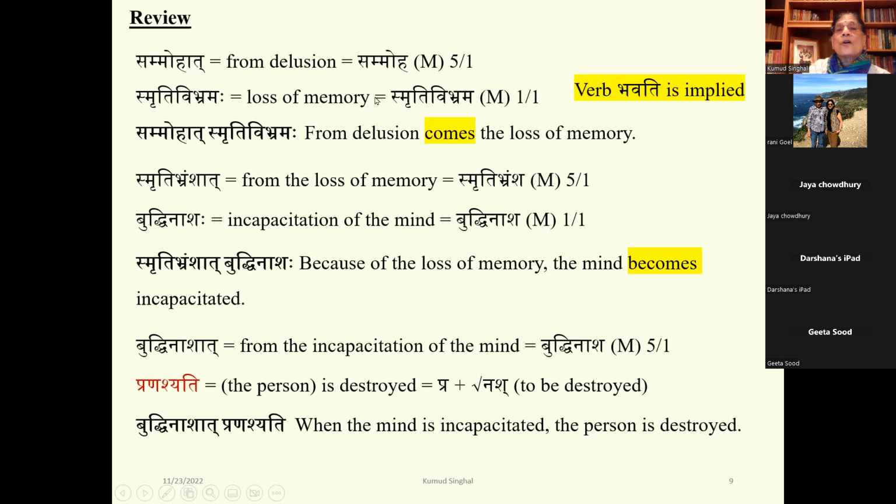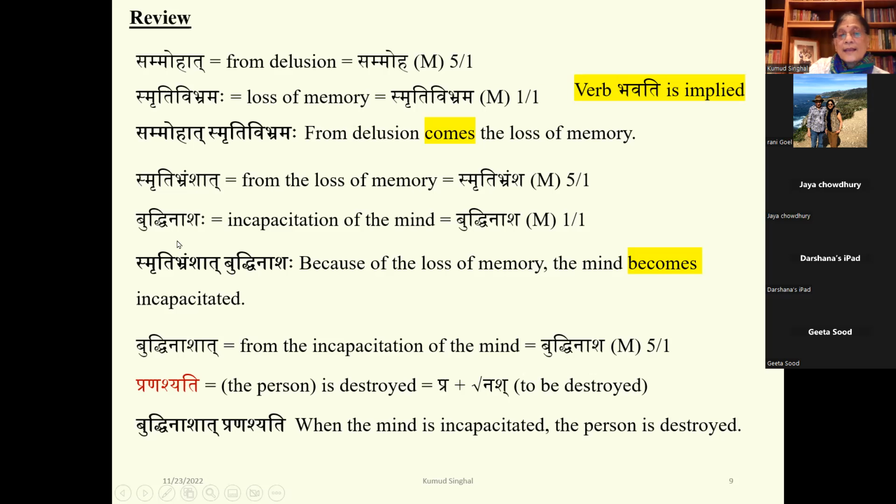So loss of memory. Sammohat smriti vibhramaha. From delusion comes the loss of memory. The verb comes is implied here. Smriti Bhramshat. Again, this is in Panchami Vibhakti. From the loss of memory.